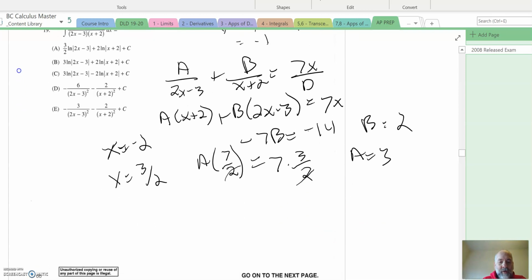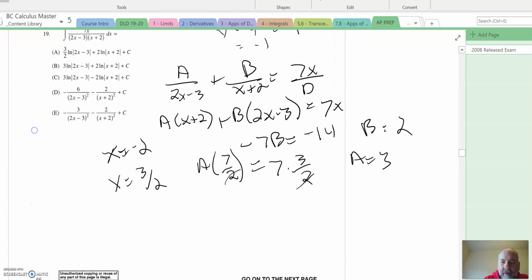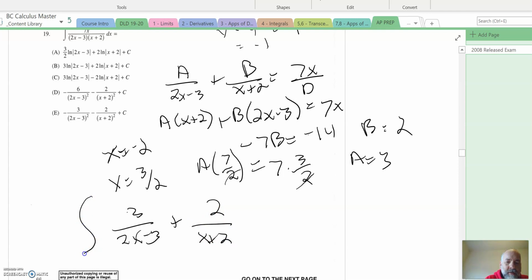So do I have room? Yeah, I got room. Make sure to put the right thing over the right thing. It's 3 over 2x minus 3 plus 2 over x plus 2, and integral dx. Now let's find the answers. So I need 3 natural log.